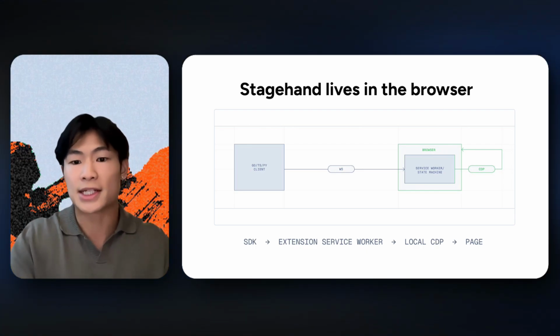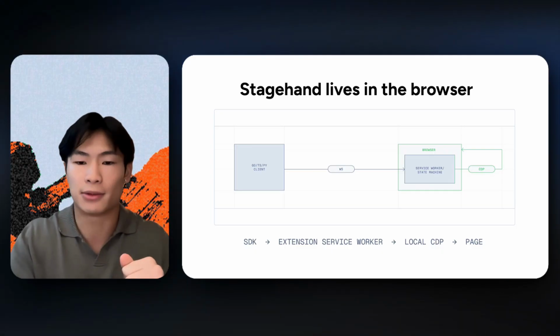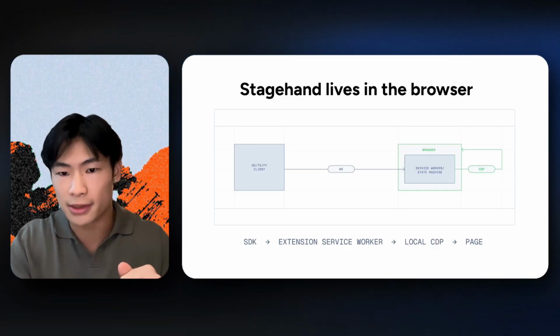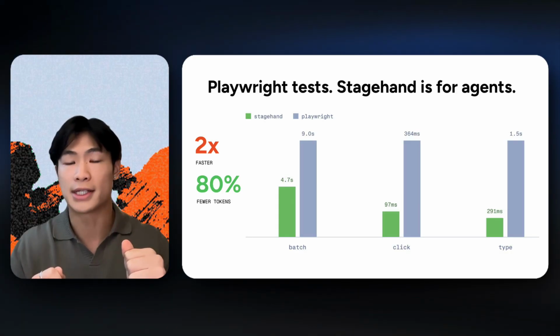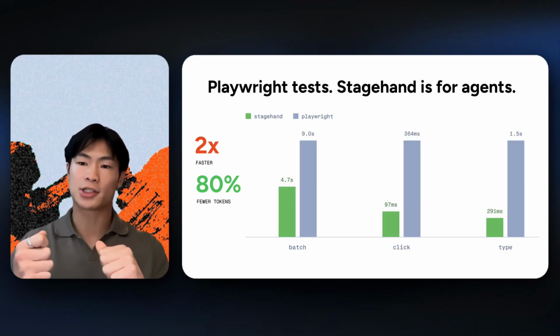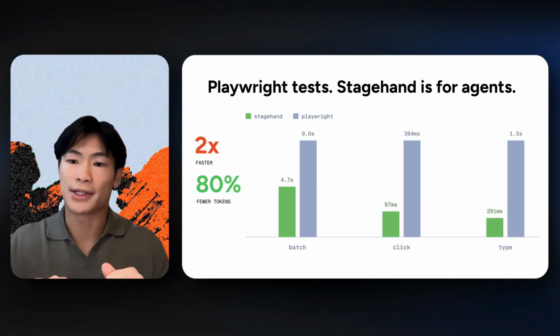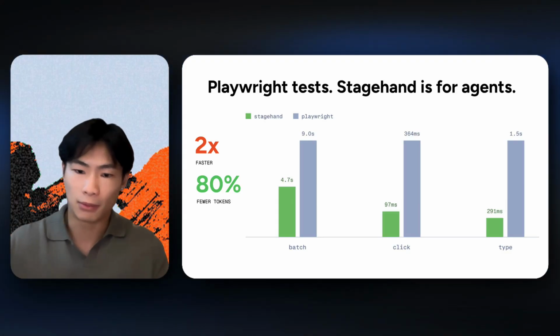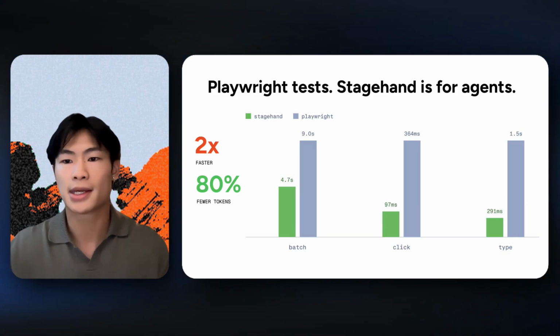But with Stagehand living inside all of our remote browsers, you're able to send the request once over the WebSocket connection, connect to our Stagehand extension, and then all of these CDP commands that are dispatched to the browser have a much shorter round trip time, which has allowed us, in benchmarking, to become roughly 2 times faster than Playwright executable actions.